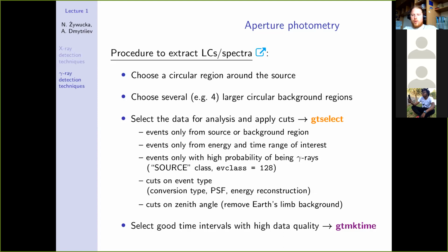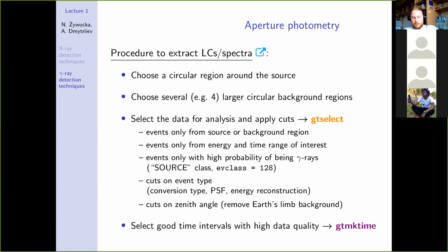If we do that next Tuesday, I can show the scripts. You have to specify event class 128 as an input for these tools. This means a high probability of being gamma rays, because sometimes particles can be misclassified. Despite the anti-coincidence shield, cosmic rays can still penetrate into the detector and be classified as gamma rays, because they can also induce showers, so you can confuse gamma rays with cosmic rays.